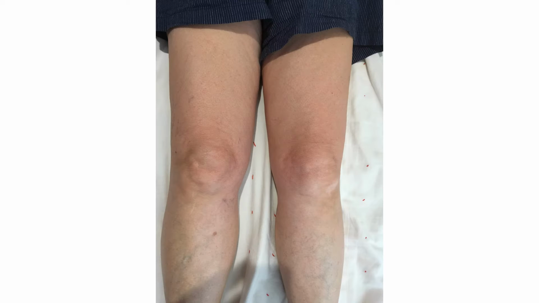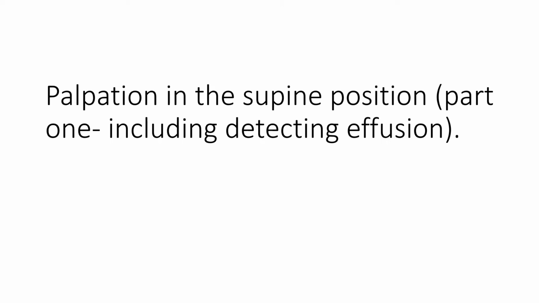I then go to inspection on the bed in the supine position. We go through that same system of inspection as before, so I won't repeat that. We now go to palpation in the supine position. The key thing about palpation is you ask them to locate with their finger where it's sore.